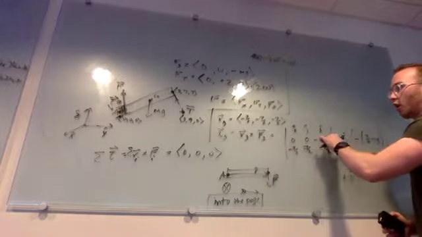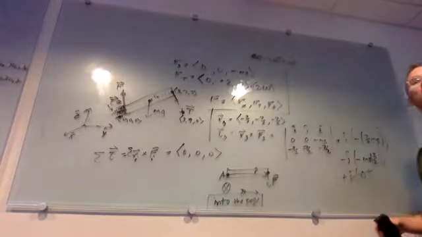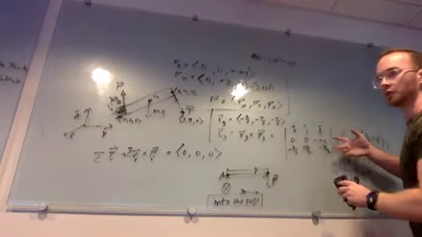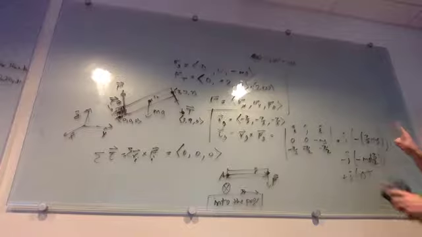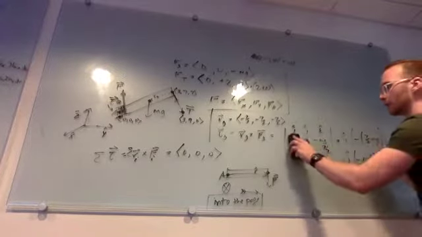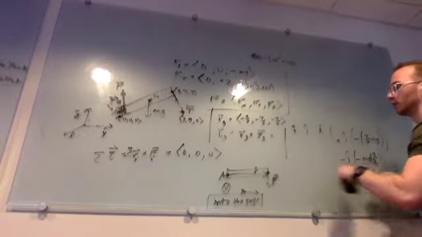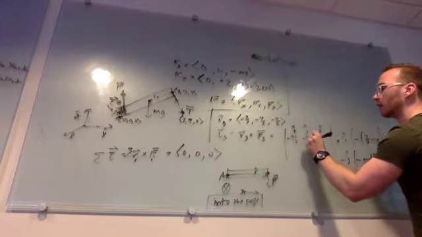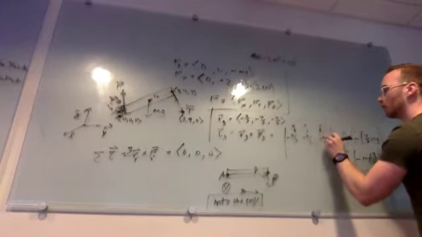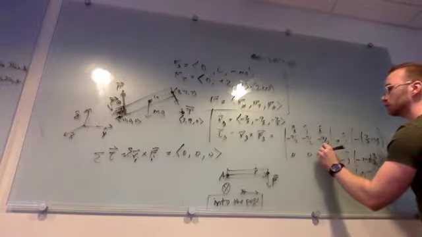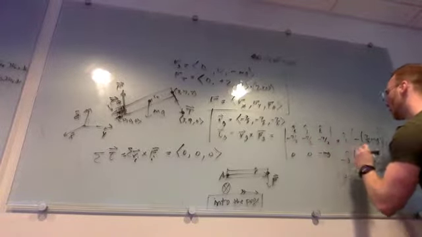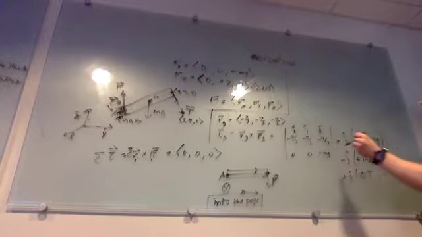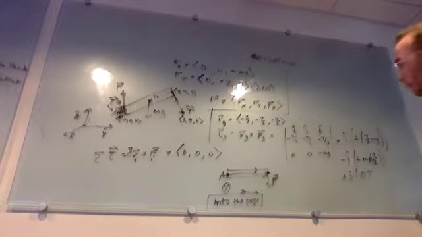If you flip the rows, you only get signs different. So I'm gonna fix it. Sorry about that. And we can do it again for real now.